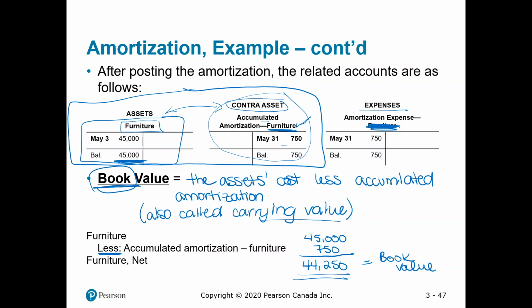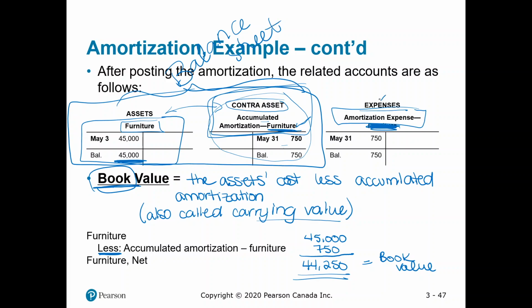So it's important to know the difference between the accumulated amortization and amortization expense. So the asset and the contra asset, these go on the balance sheet, whereas our expense will go on the income statement. It's important to know the difference between those.